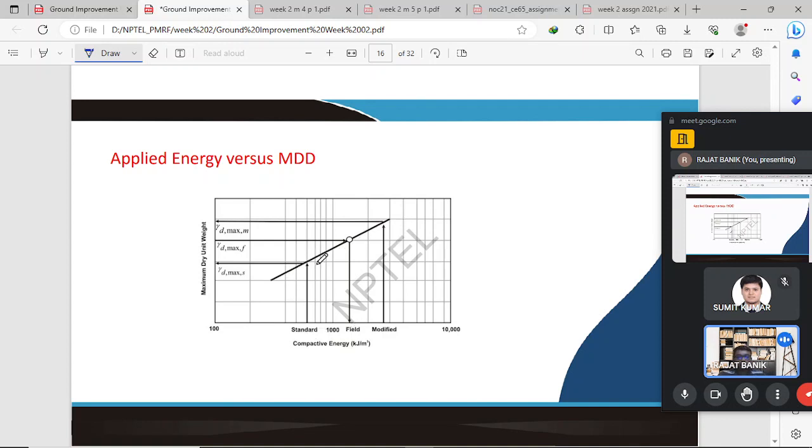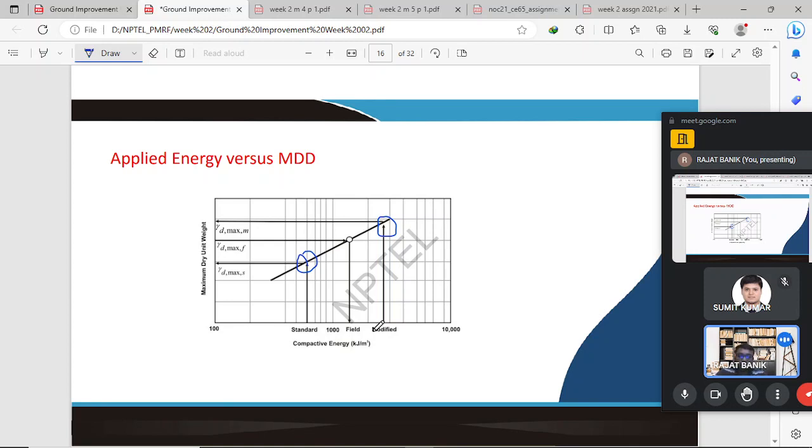That means in standard Proctor test, we get the maximum dry density up to that mark, and in modified Proctor test, we get that much. The line is always increasing. That means the standard Proctor maximum dry density is always less than the modified Proctor maximum dry density. And if the energy level is in between, we can easily find that.